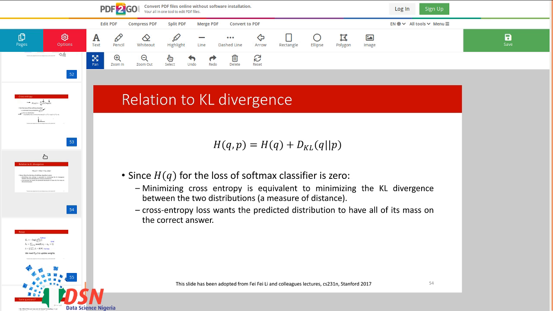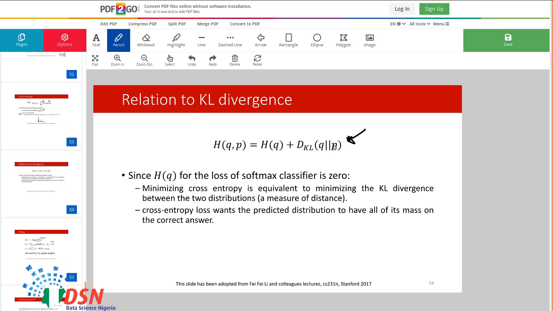And we know that the relation between the KL divergence and the cross entropy is that we could write the cross entropy as the entropy of the Q distribution plus the KL divergence of Q and P. We have seen that the KL divergence is some kind of distance, but because it is not symmetric, it is not actually a distance.